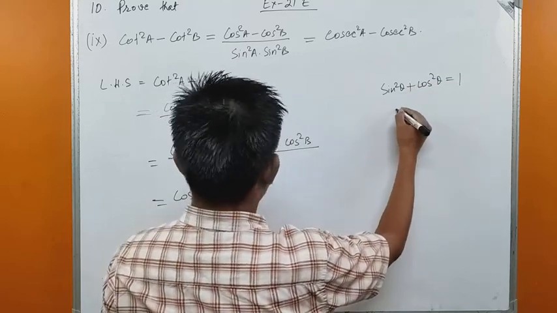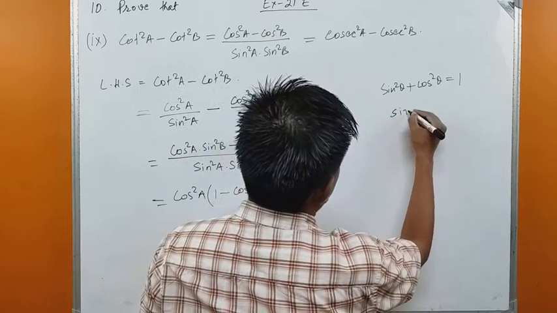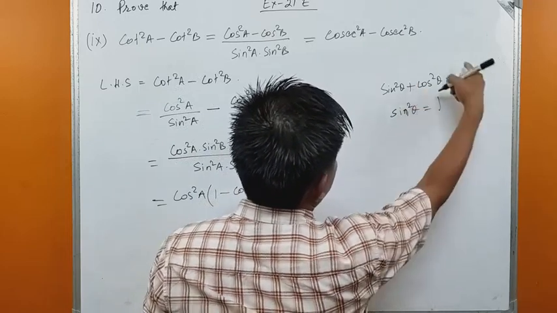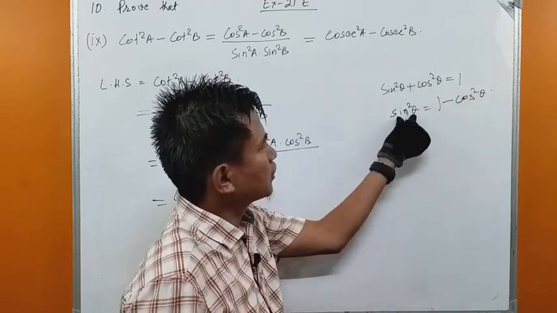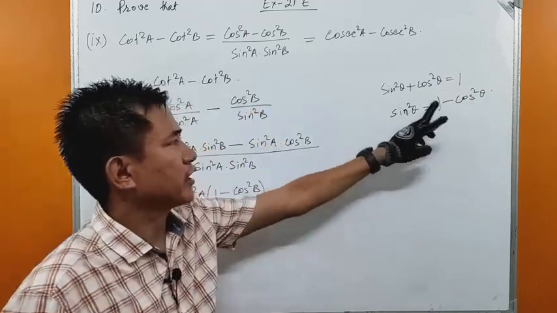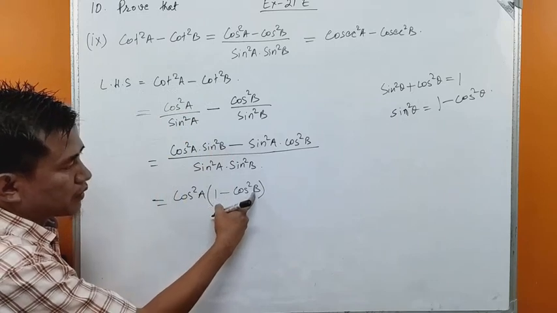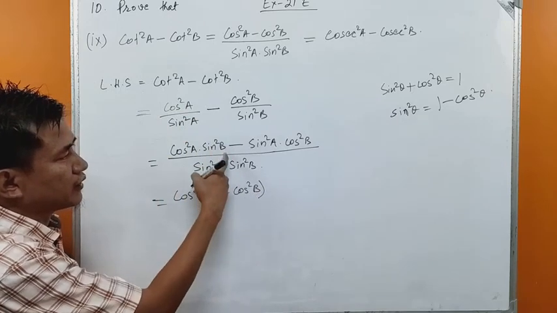So sin square theta equals to 1 plus cos square theta goes to the right hand side, becomes minus cos square theta. So sin square theta is 1 minus cos square theta. Theta and theta should be same, then only we can apply this formula. So sin square B means 1 minus cos square B. We cannot write 1 minus cos square A, because angles will be different in that case.